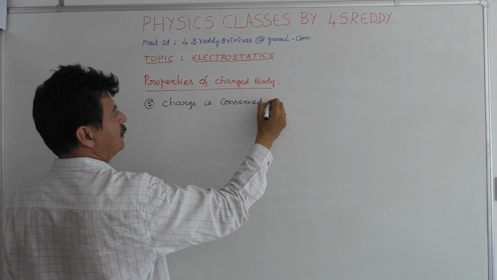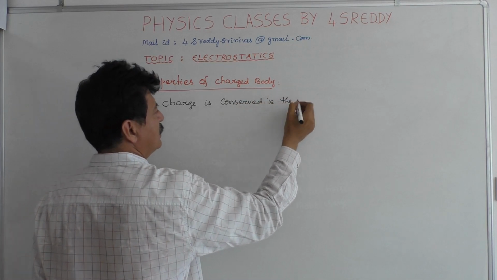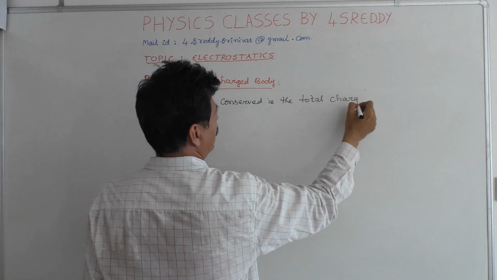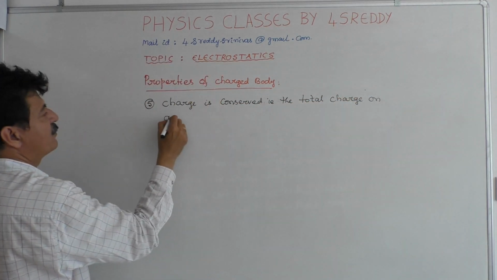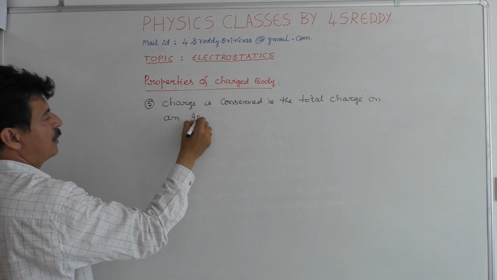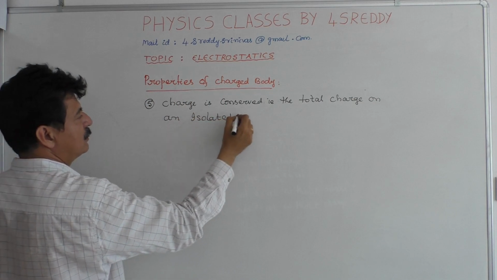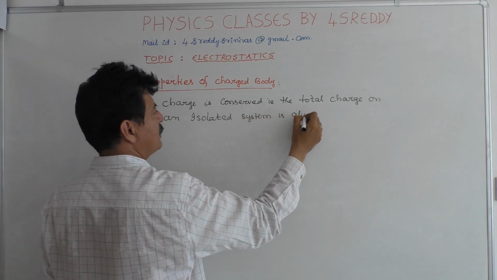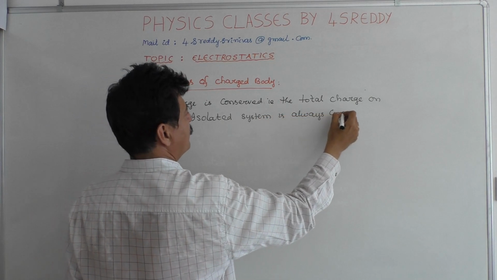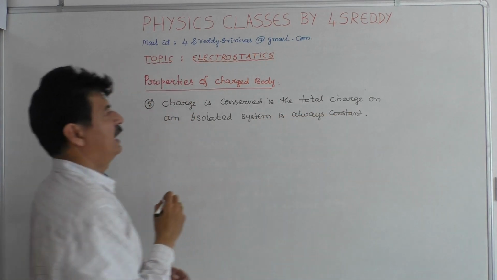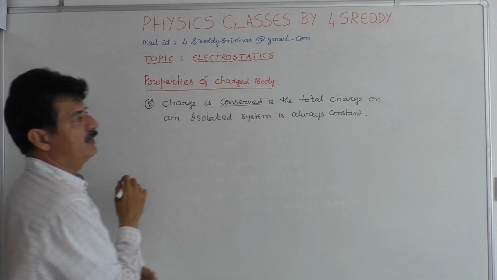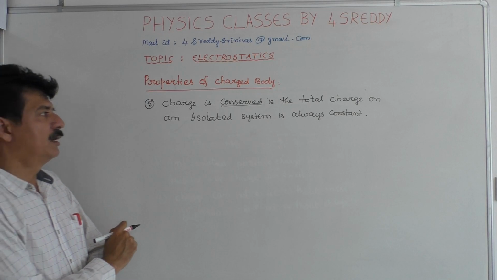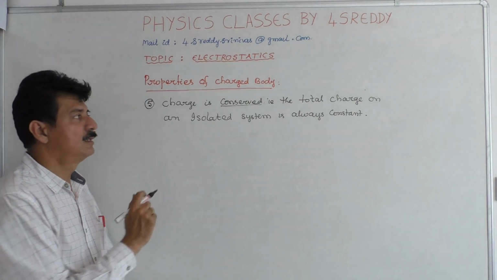That is, the total charge on an isolated system is always constant. This is another point. So charge is conserved. That means the total charge on an isolated system always remains constant.